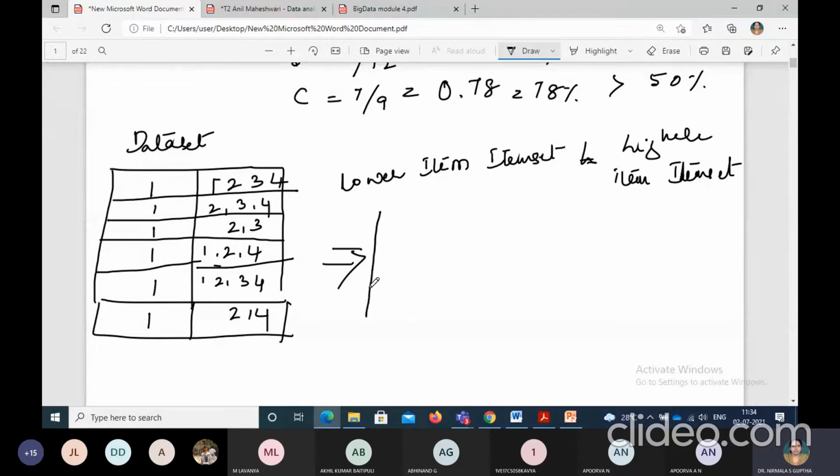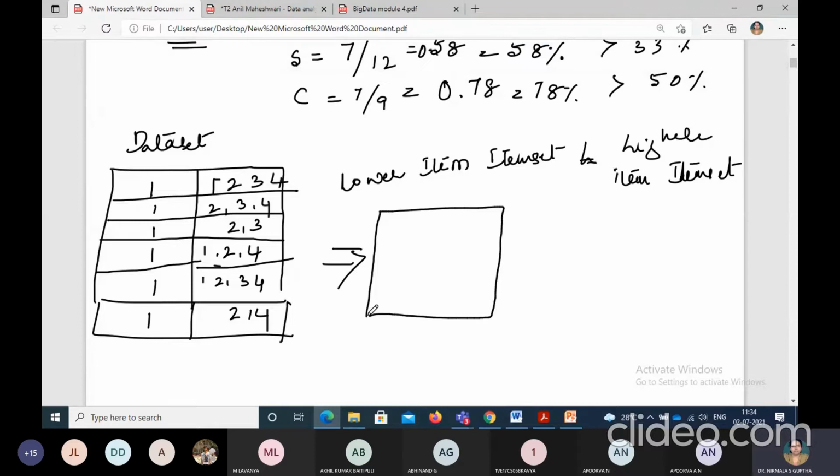Okay, so very first thing, let us take the one item data set. So we are trying to find out the one item set. What are the possibilities of one item being sold by the supermarket or the salesman?